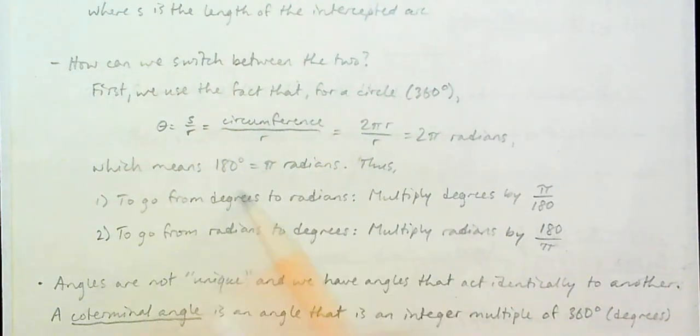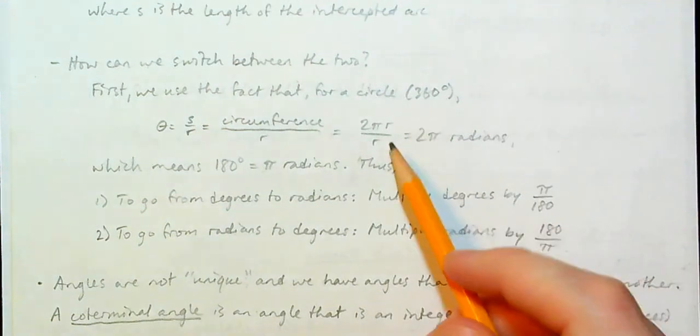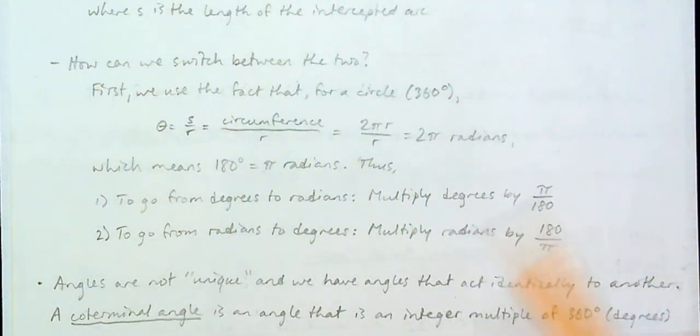So theta being S over R, S for a whole circle, what's the length of the intercepted arc of the whole circle, is just saying what's the length of the outside of that circle, aka what is the circumference. The formula for circumference is 2 pi r, not to be confused with the area formula, which is pi r squared. So circumference equals 2 pi r divided by r, the r's cancel out, and you're left with 2 pi radians. So 360 degrees equals 2 pi radians, or 180 degrees equals pi radians.